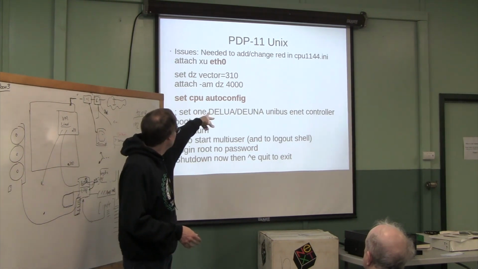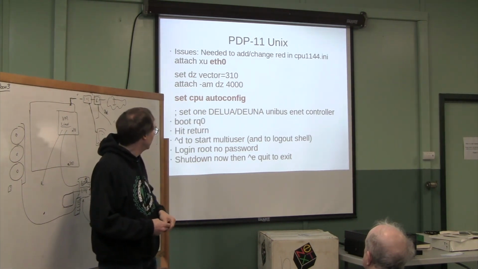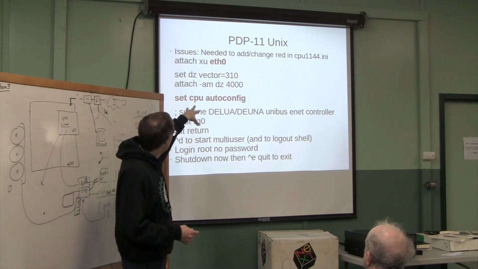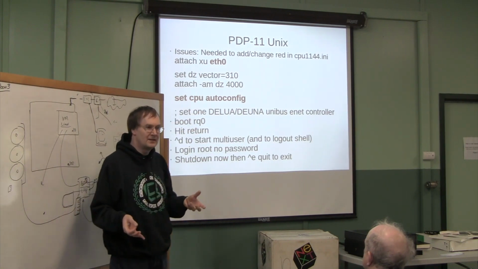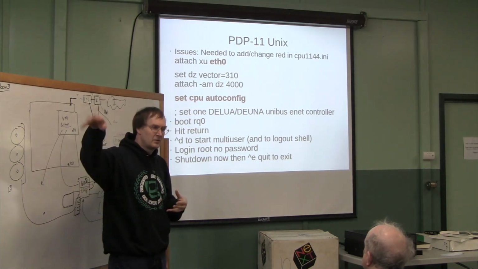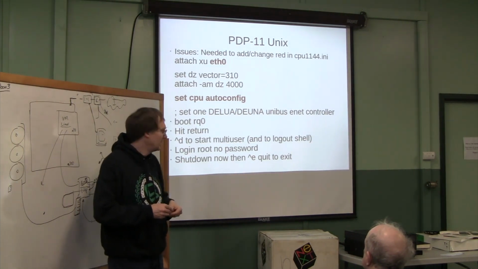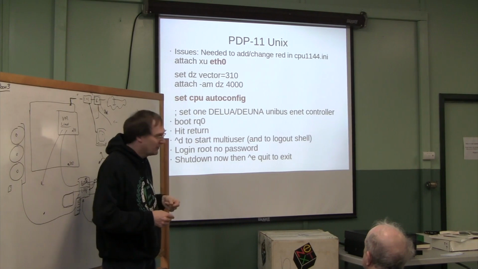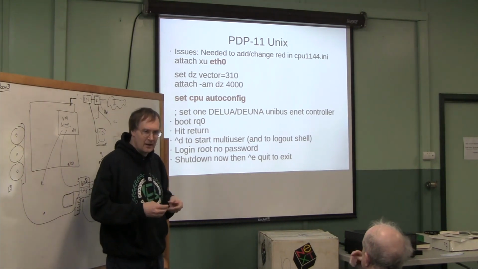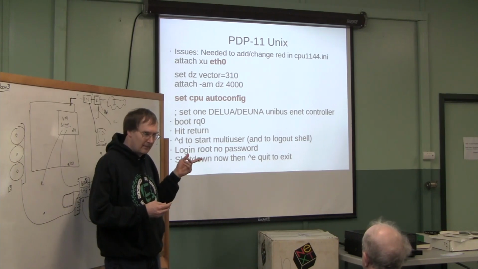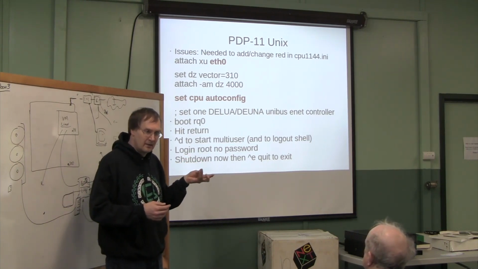And the other thing is, without this set CPU auto config, on a PDP-11 for peripheral devices, there's like register space in upper memory for things to talk to them, and then there's an interrupt vector, if I understand correctly, for each device that uses interrupts that need to be configured.